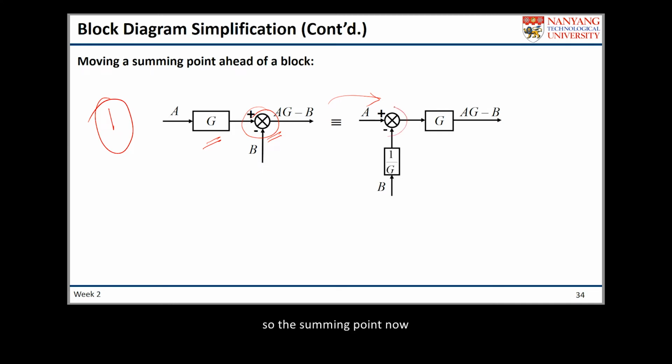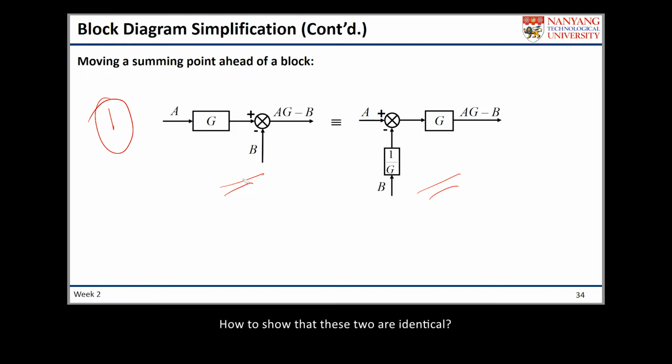So the summing point now appears before the block G. You can swap it like that, but if you do that, you have to add one more transfer function before the summing point, where the transfer function is equal to the inverse of the block G. So these two subsystems are basically equivalent. These two are the same, which means, of course, you can replace one subsystem with the other if you need to simplify your block diagram.